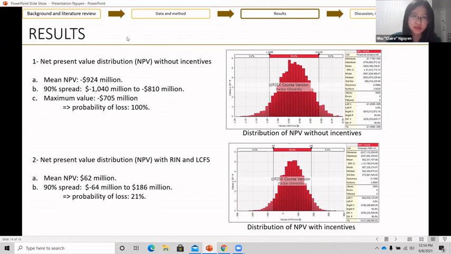And the maximum value, so the best that the project can do, is around negative $700 million. And so obviously the probability of loss is 100%.